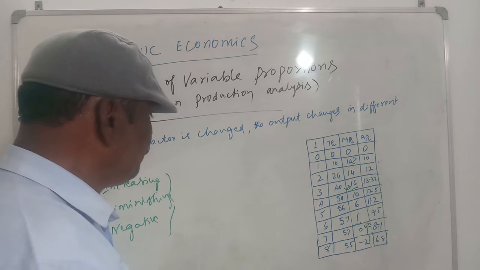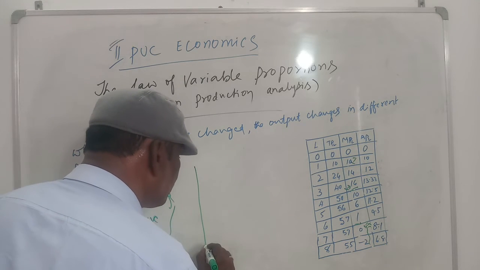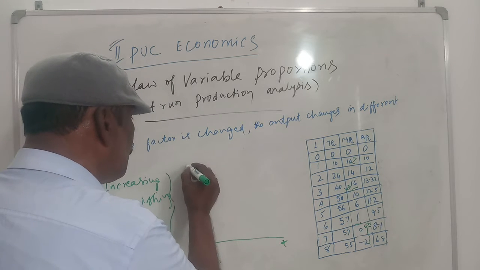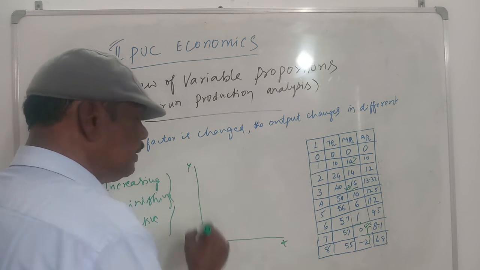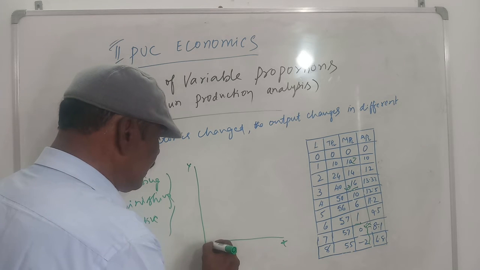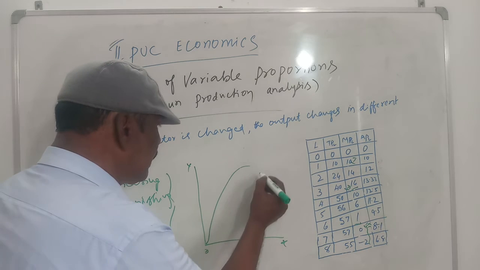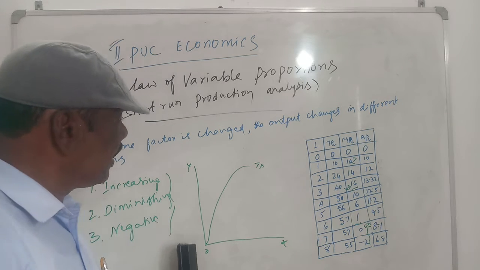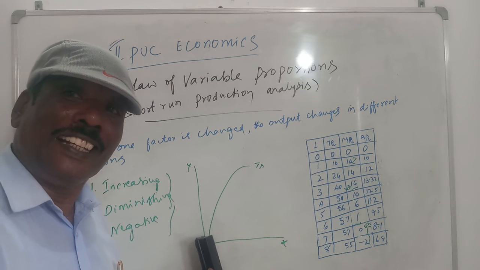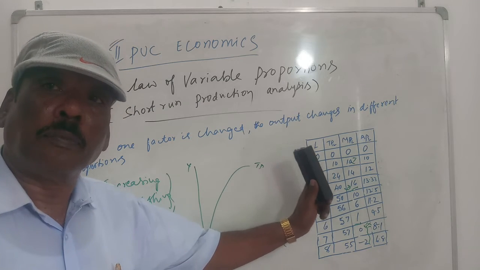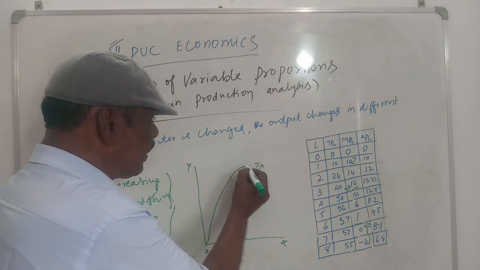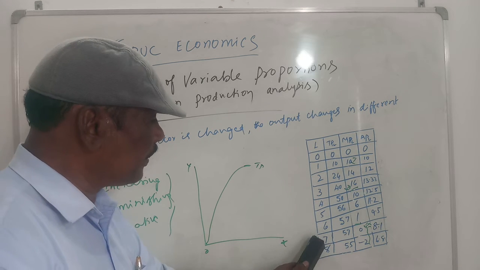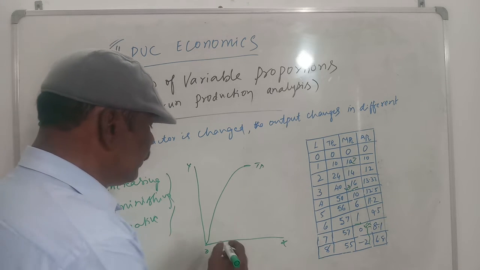You just see, this is the OX, this is OY, and this is the TP curve. The TP curve increases, it slopes positively, then it becomes maximum at the 7th unit.